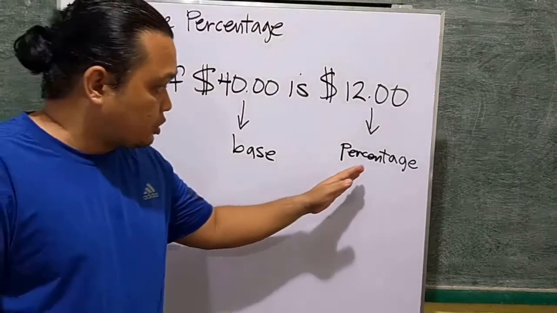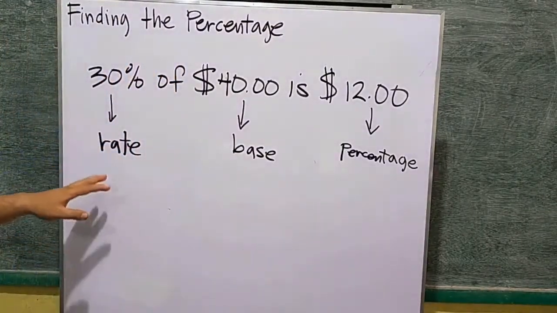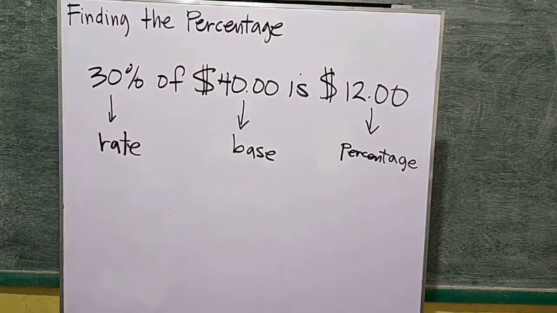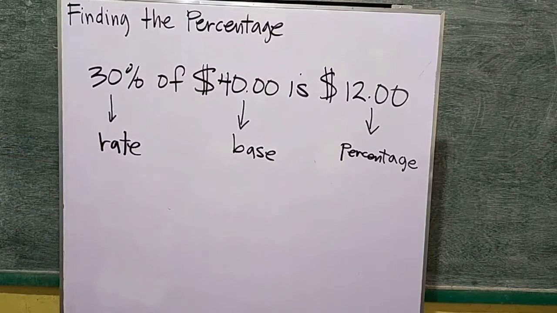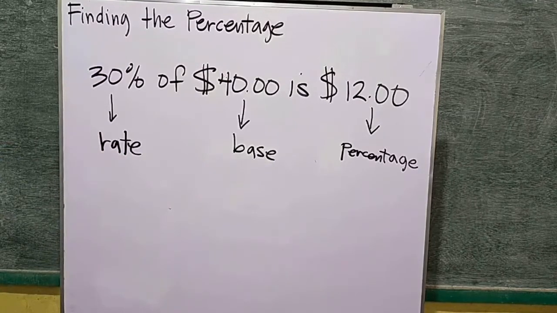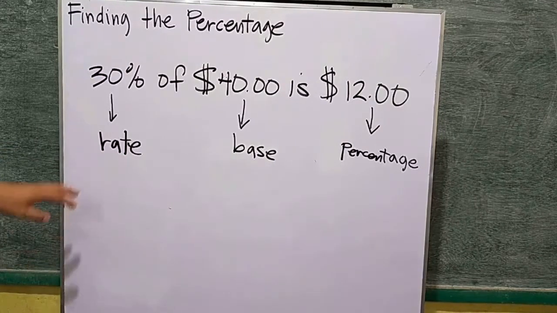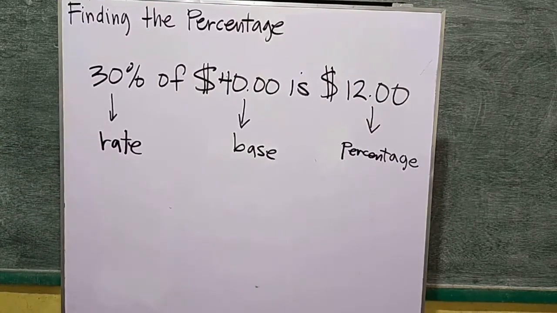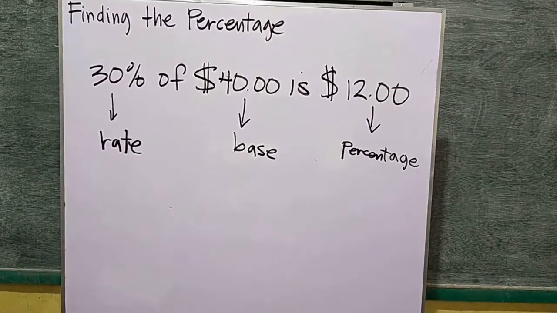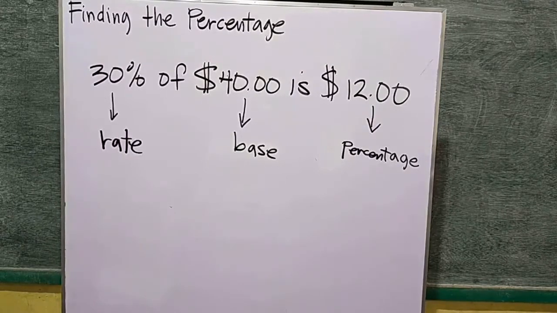The percentage is the number or amount that represents a part of a whole, while the base is the number that represents the whole or the entire amount, while the rate, which is 30%, is the number compared to 100. It usually has a percent sign.